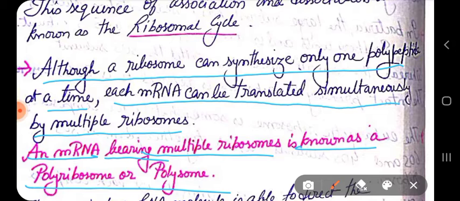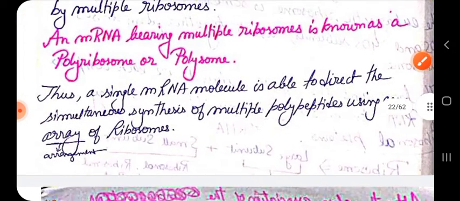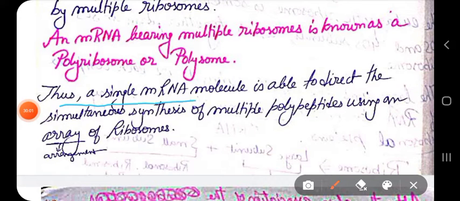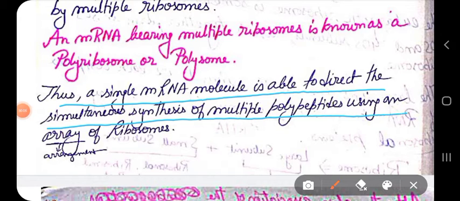So each mRNA molecule can be translated by multiple ribosomes simultaneously, which is known as polysomes. So a single mRNA is able to direct the simultaneous synthesis of multiple polypeptides using an arrangement of ribosomes.